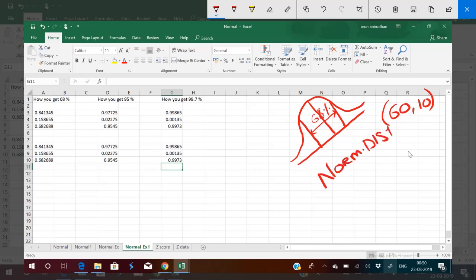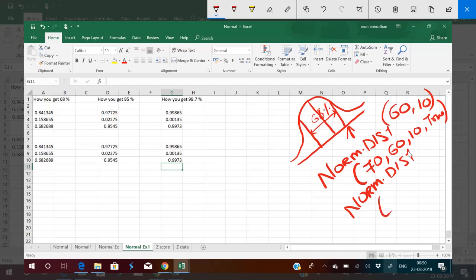Norm.Dist, you will give the value here, that is 70, 60, 10, true. So you will get this value. Okay, first value, this value, and then you give Norm.Dist.